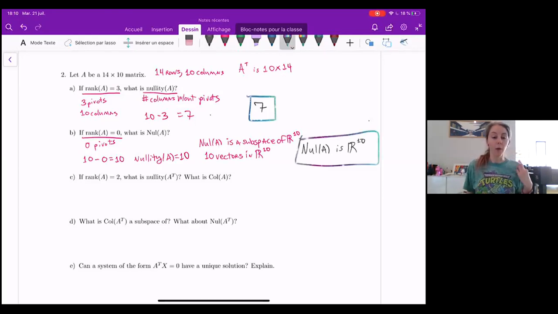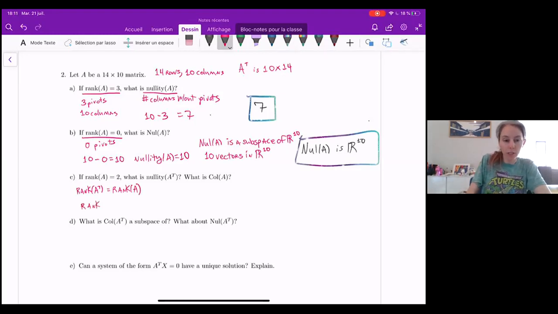Good. Now, if rank A equals 2, what is the nullity of A transpose? Well, another thing that we know is that the rank of A transpose is equal to the rank of A, which means that the rank of A transpose is also 2, which means that A transpose has 2 pivots.